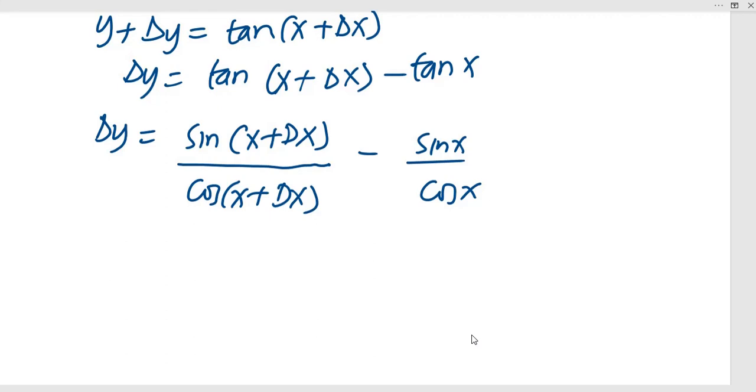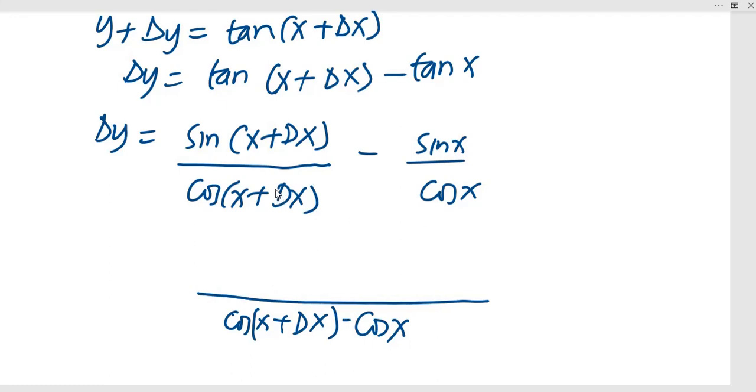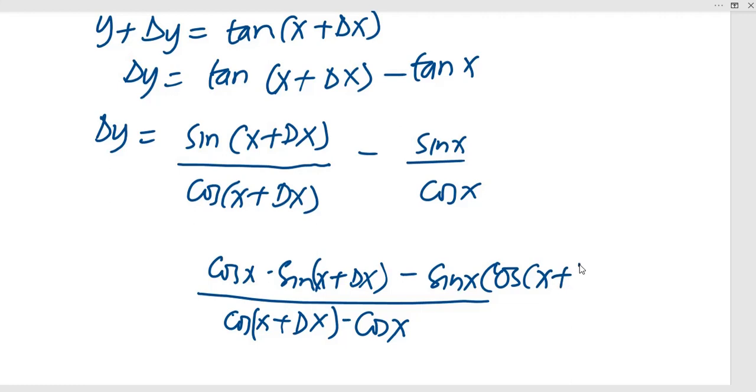What does this mean? I can look for the LCM of this expression, and the LCM will be cos of x plus delta x times cos x. So I bring it here, divide by this, and I will have cos x times sine of x plus delta x, then minus sine of x into, of course, cos of x plus delta x.